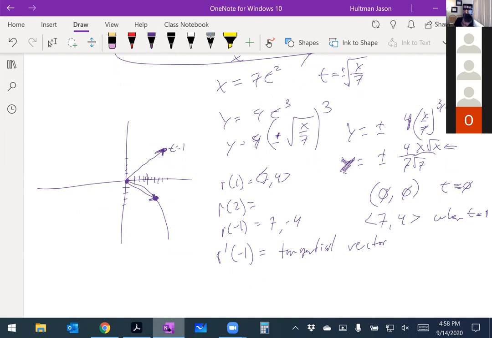I'm going to get rid of some of this stuff. What's happening at 7, -4 is we want the tangential vector, which we said was -14i plus 12j.